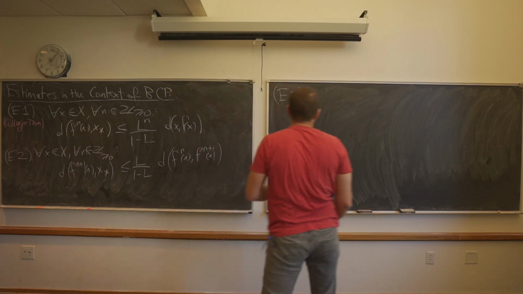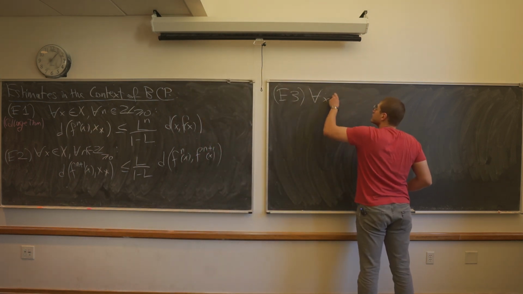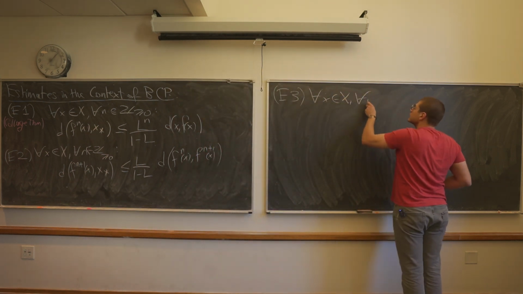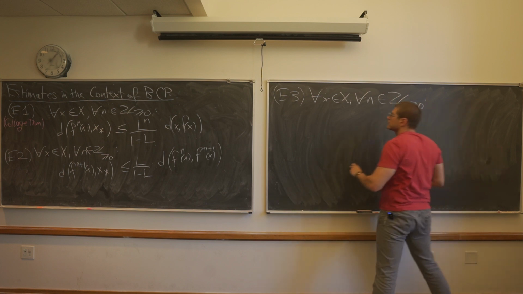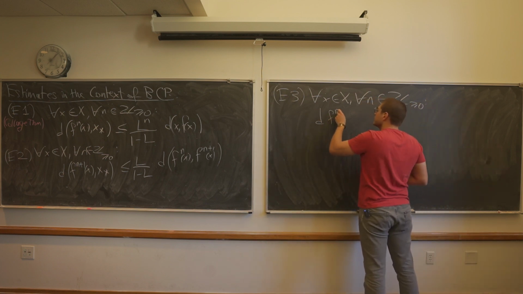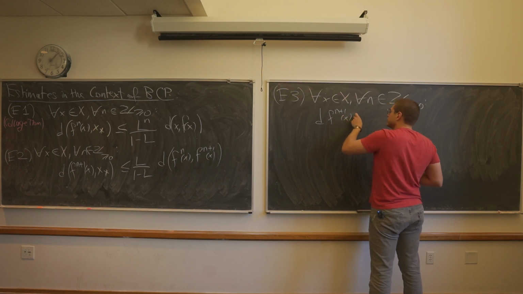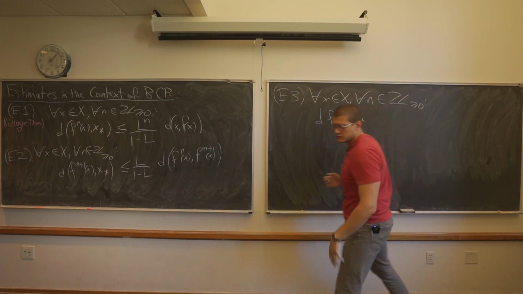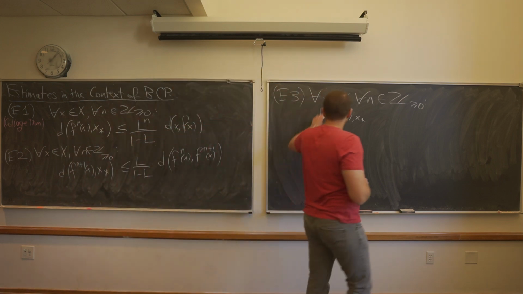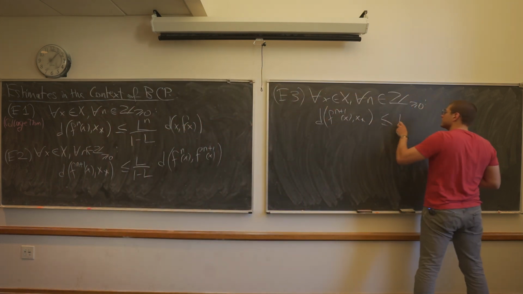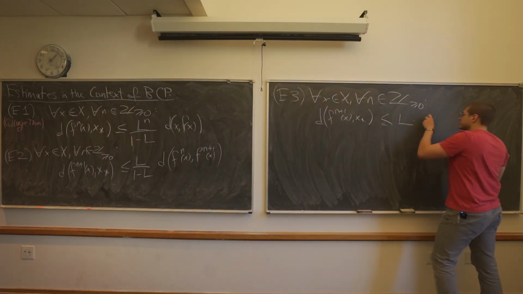Okay, this is the third one. Again, I'm comparing the n plus first iterate to the fixed point. And this is bounded by L times all this.